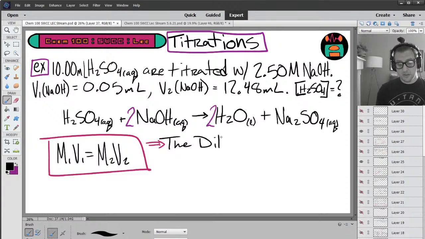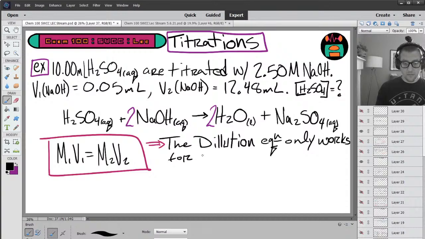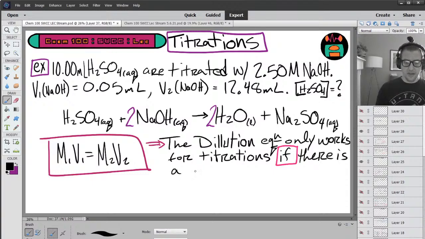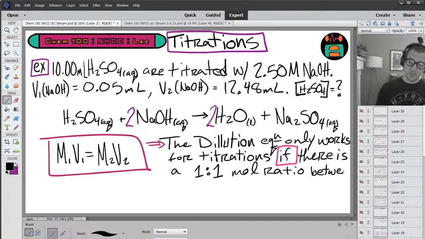The dilution equation only works for titrations if, and this is what it all hinges on, if there is a 1-to-1 mole ratio between titrant and analyte.